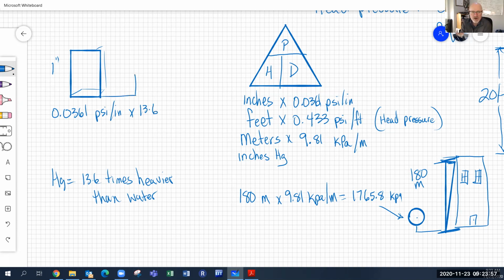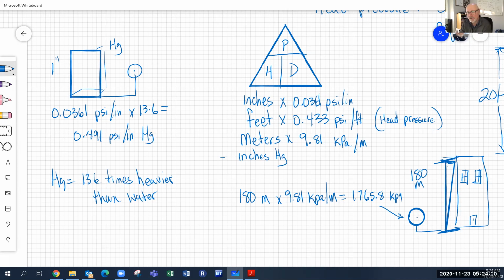So if this was mercury in here, what does my pressure gauge read? I simply multiply that by 13.6. So that's going to equal 0.491 PSI per inch mercury.